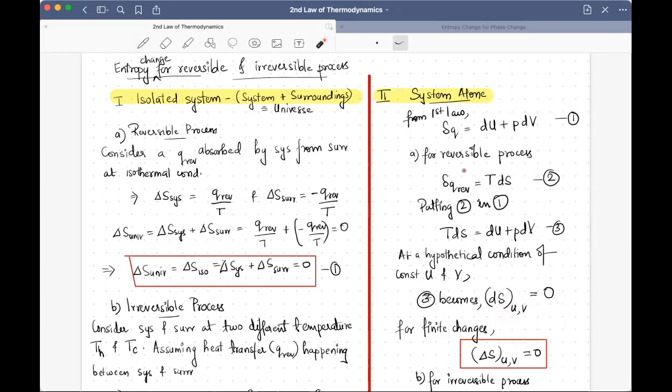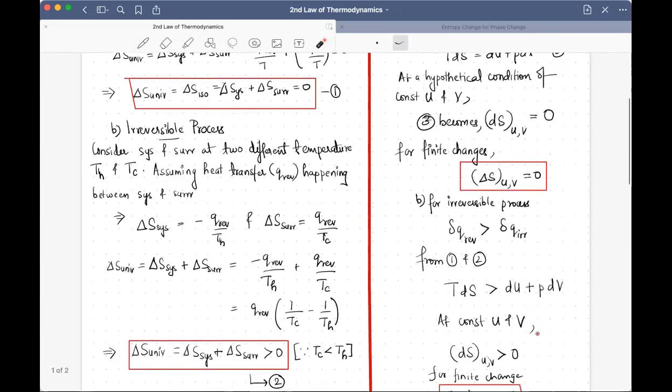That means for a reversible process, your change in entropy would be equal to 0, provided there is no change in internal energy as well as volume. For finite changes, you can replace this differential symbol with the capital delta, and so we have capital delta S at constant U and V equals 0.